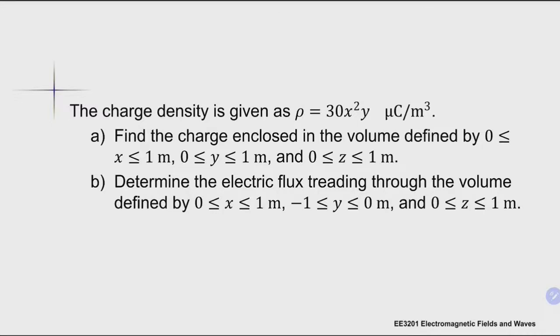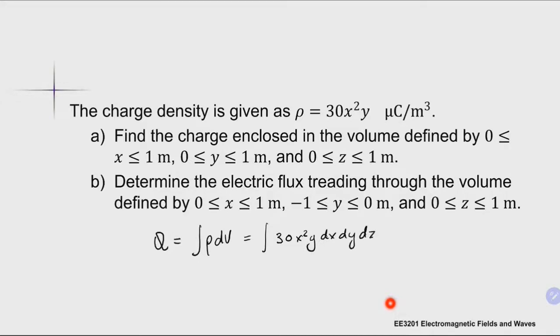So the first one, Q. Rho dV. And that will be 30 x squared y dx dy dz. 30 is constant.